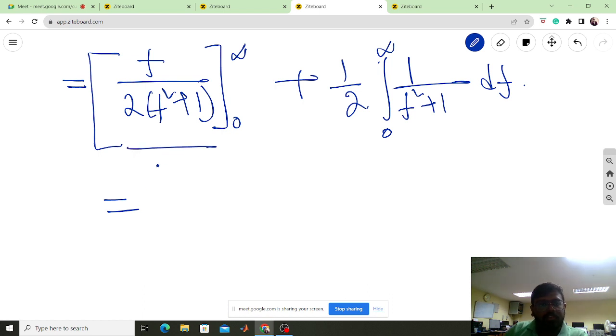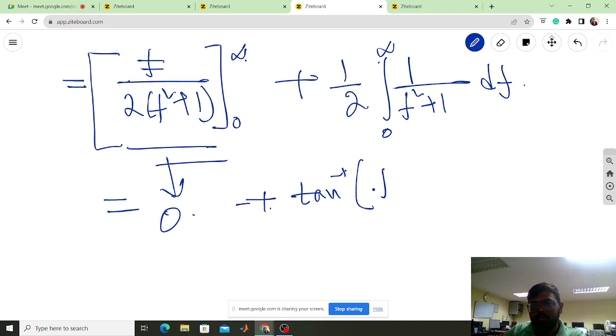So this term will not exist because for 0 this is 0, and for infinity the denominator is infinite, so 1 by infinity is 0. So this term comes to 0, and this comes like tan inverse f, 0 to infinity, by 2.